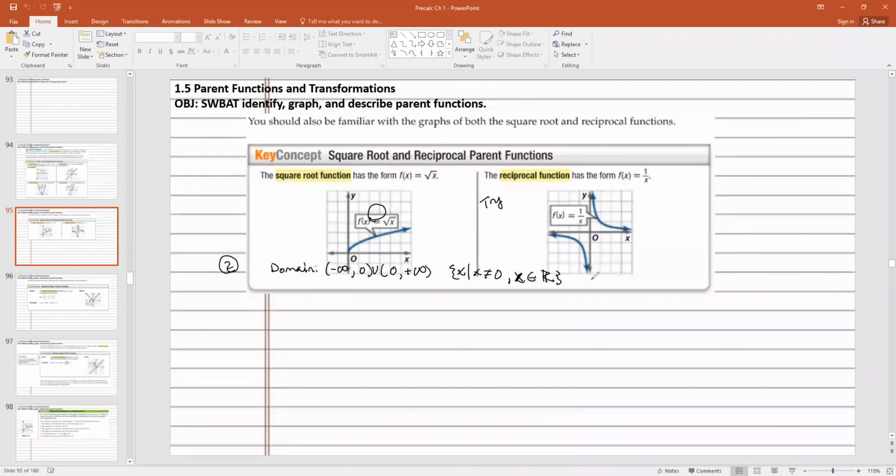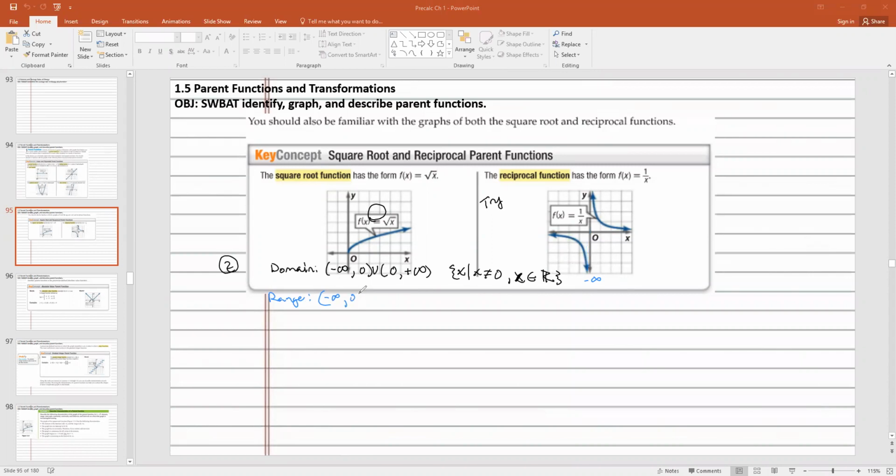You can do either of those ways, and then we have the range. So the lowest that it goes is negative infinity. And then for this one, it goes all the way up and approaches 0 again.